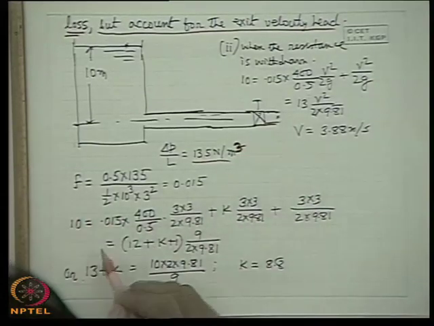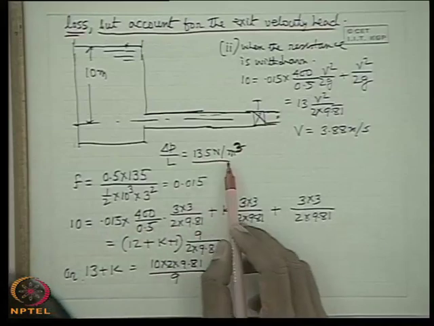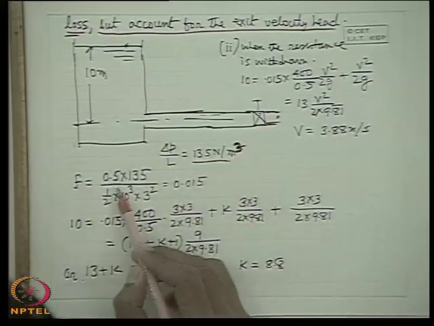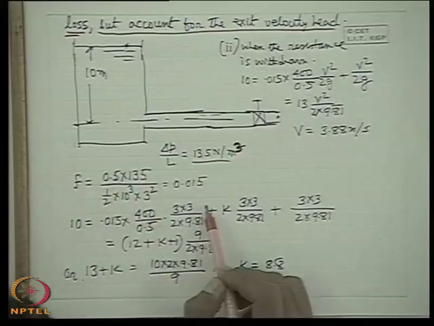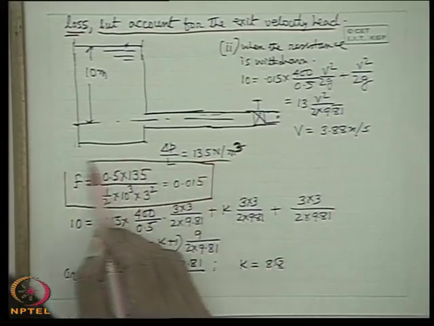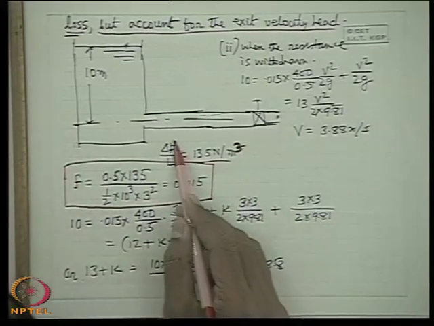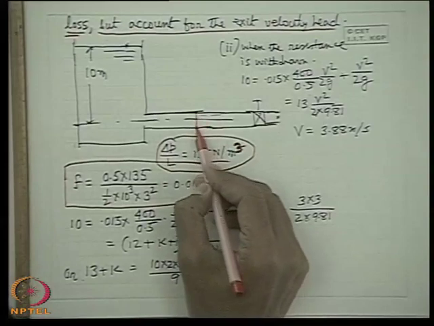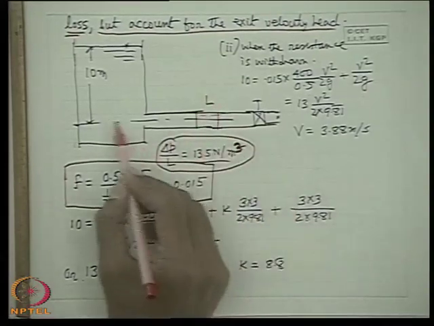What is F? If you write the equation, first of all you will have to find out the friction factor from this formula. Now in this problem delta P by L is given, so I can take any length L, without any entry loss.